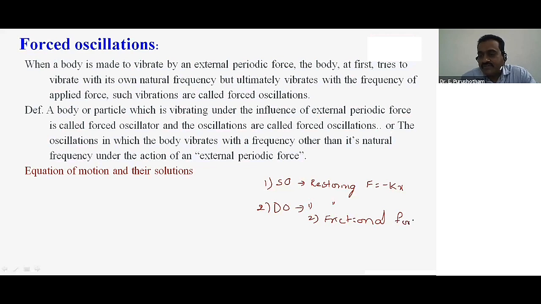F dash is equal to minus Kx, the restoring force. Frictional force, F double dash, is equal to minus R into V. But here, in the forced oscillator, we are applying an external periodic force, so it has another force. You can take F1 or F dash, F2 or F double dash, F3 or F triple dash.